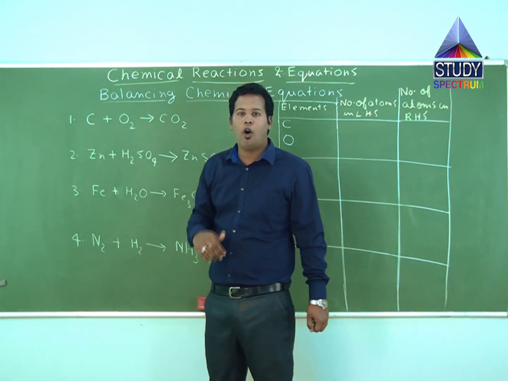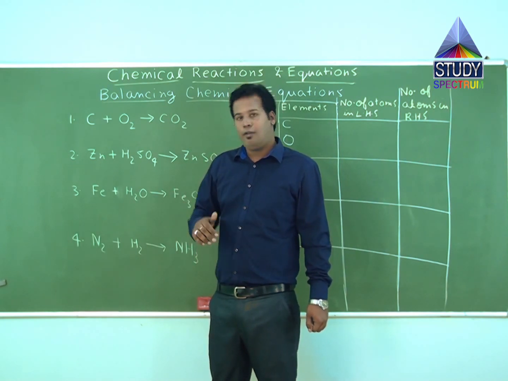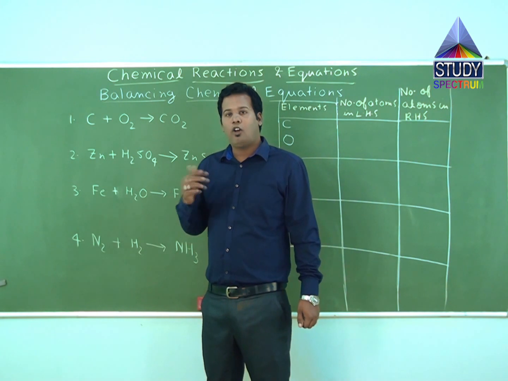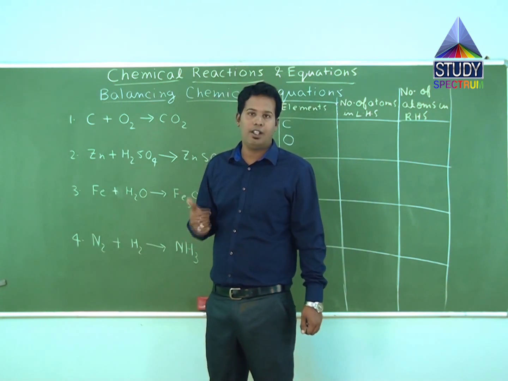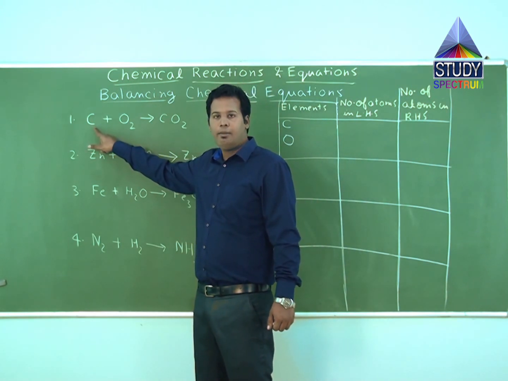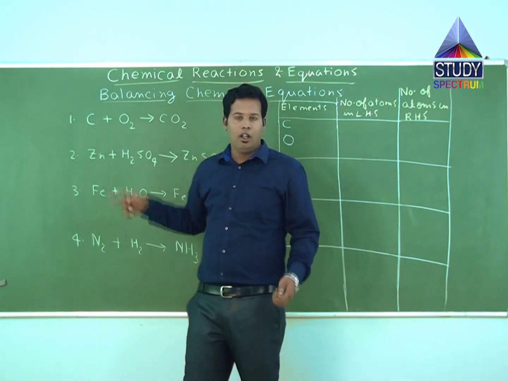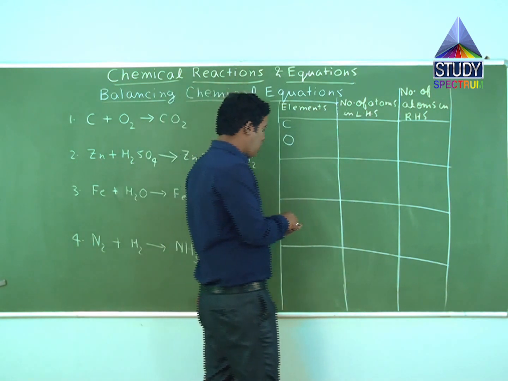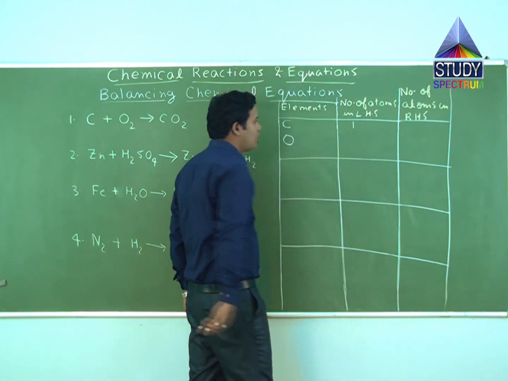Like the coefficient of X is always understood to be 1, whereas if you talk about 1x, the coefficient is 1 of X. If you do not write 1, it still means the coefficient is 1. So over here no number has been mentioned with C. It means the number of atoms of carbon is actually 1 on the left hand side. Correct? So the number of atoms of carbon on the left hand side is 1.